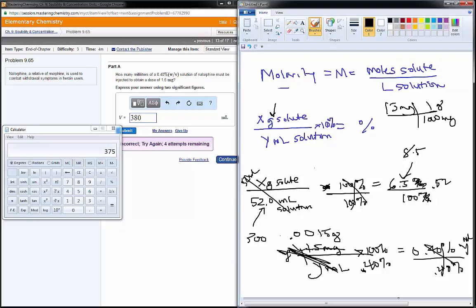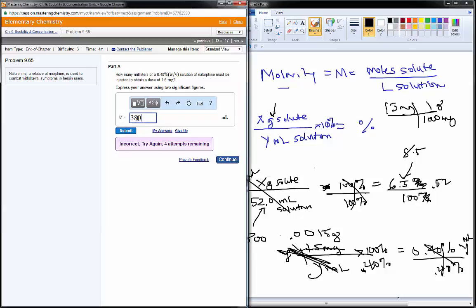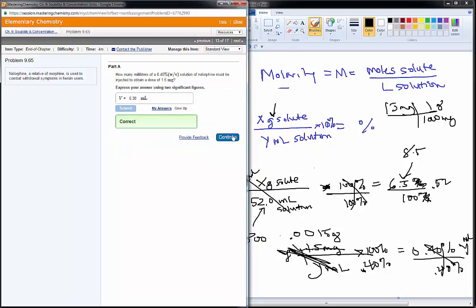So that gives us grams and milliliters. Let's try that again. 0.0015 grams multiplied by 100% divided by 0.4% gives me 0.375 or 0.38 milliliters. There we go.